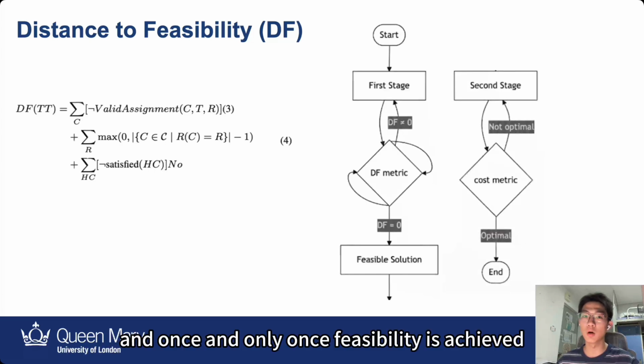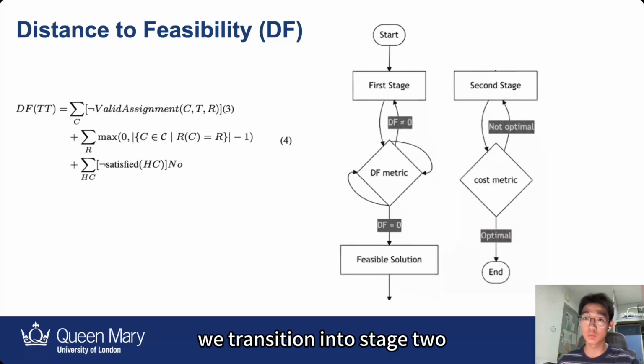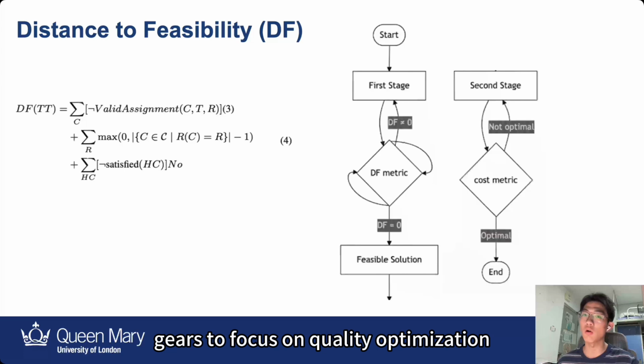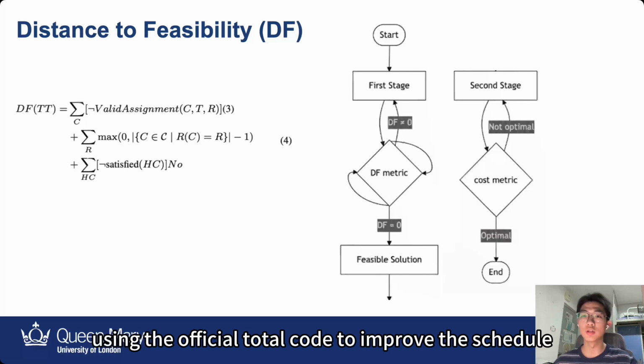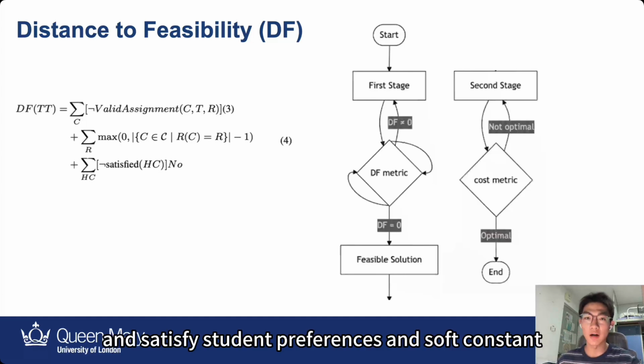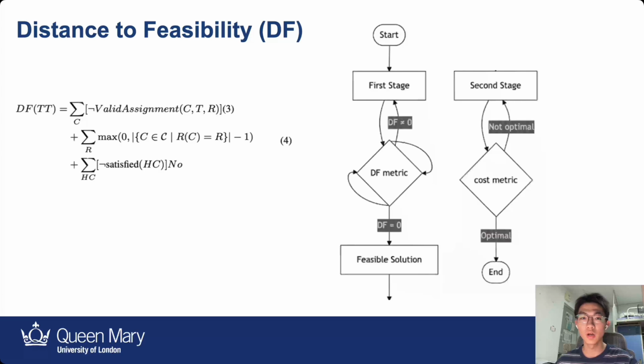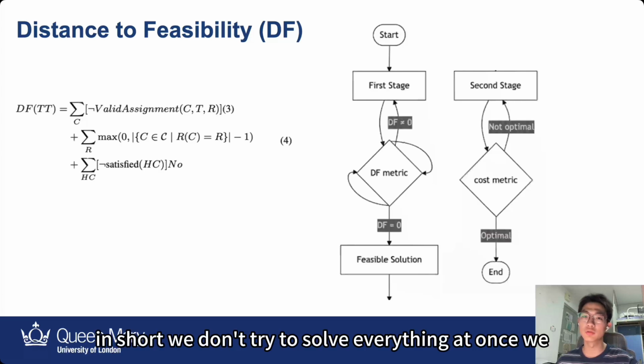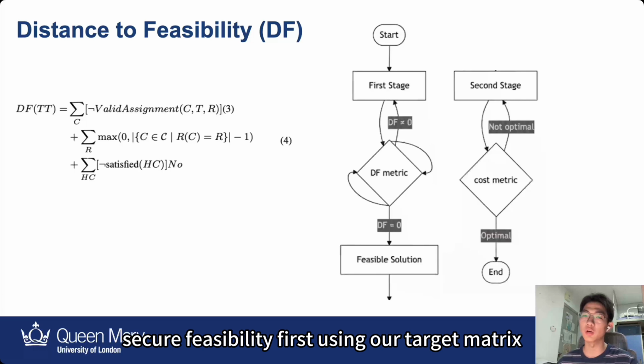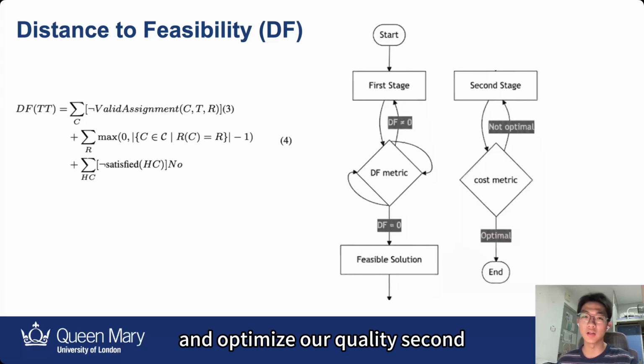Once, and only once, feasibility is achieved, we transition into stage two. Here, the algorithm switches gears to focus on quality optimization, using the official total cost to improve the schedule and satisfy student preferences and soft constraints. In short, we don't try to solve everything at once. We secure feasibility first using our target metric and optimize quality second.